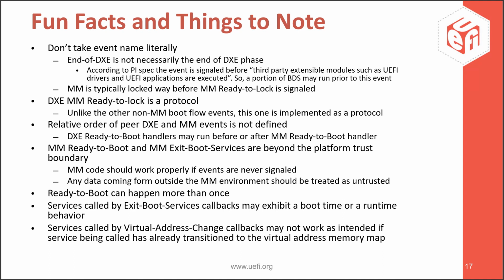Before invoking exit boot services, OS must call get memory map. And get memory map returns a key, which is a unique number that represents current memory map. And this key is passed into exit boot services, and then firmware validates. It makes sure that OS indeed has the very latest memory map snapshot.